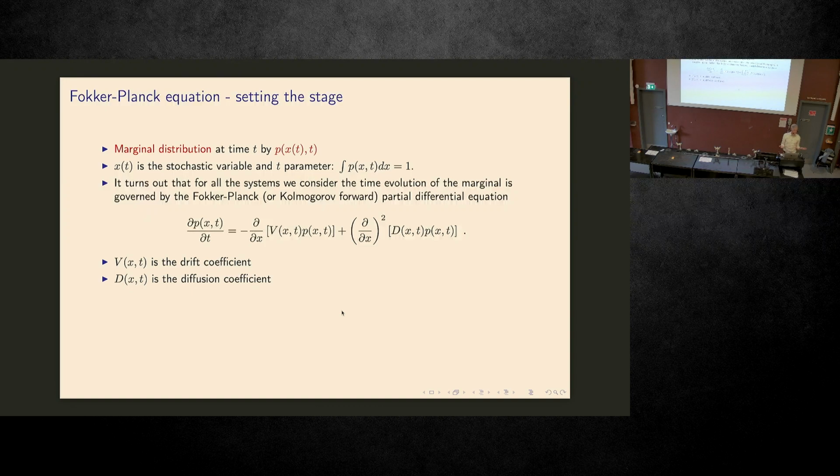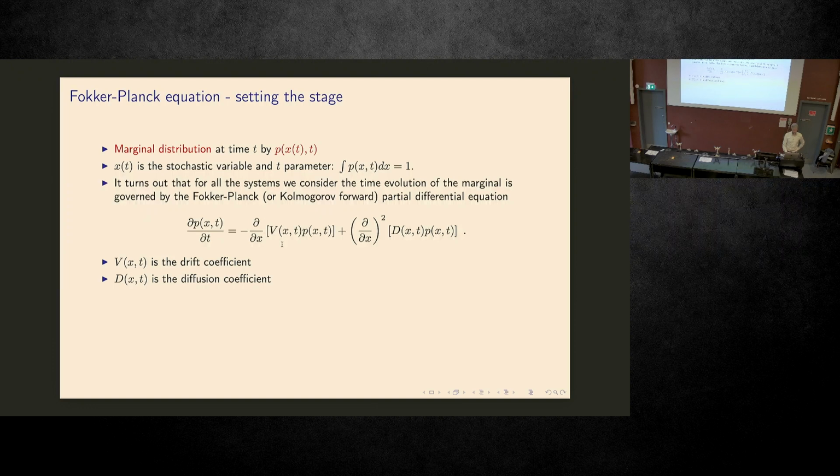And here is the Fokker-Planck equation. So let's spend a little bit of time understanding what goes on. It describes the time evolution as a partial derivative of the marginal distribution, and that's the left-hand side: the partial time derivative of the marginal distribution. On the right-hand side, there are two terms.